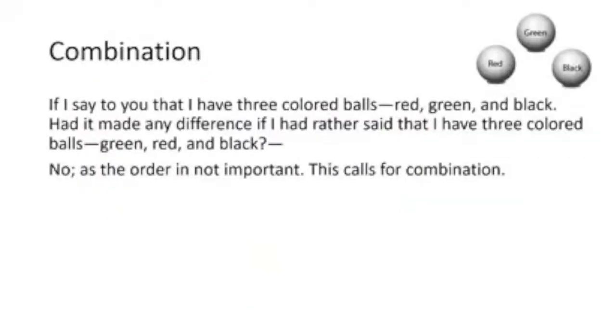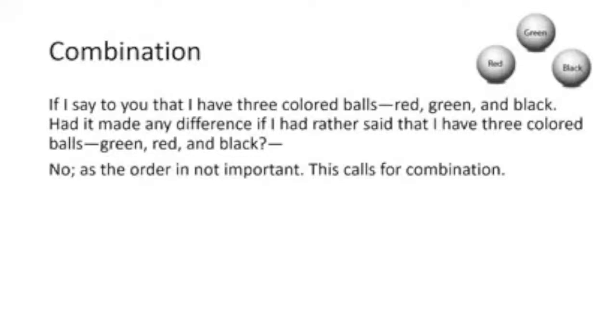So here I have 3 colored balls. I want to pick up the balls here. Picking up the balls, order doesn't matter. So combination is nothing but picking up balls from the box, that is, picking up 2 balls or 1 ball.